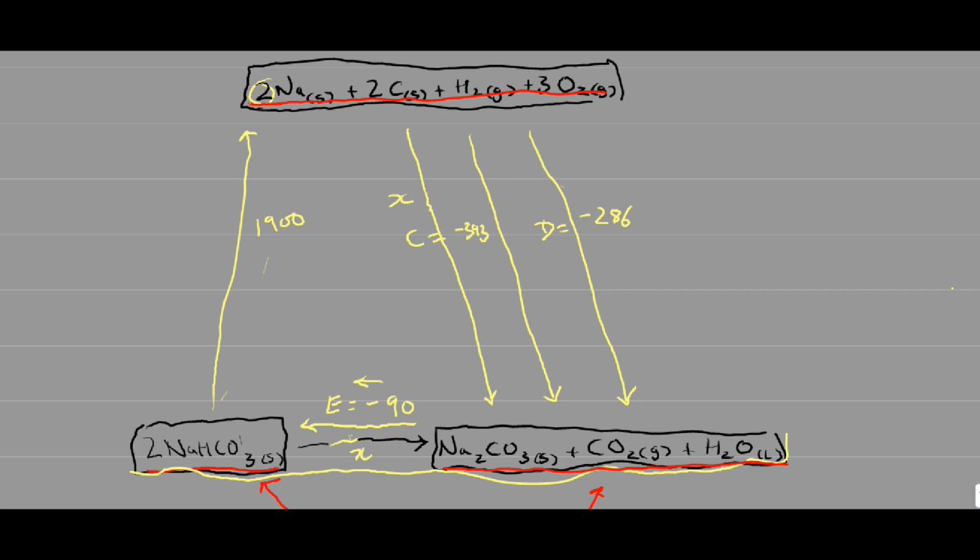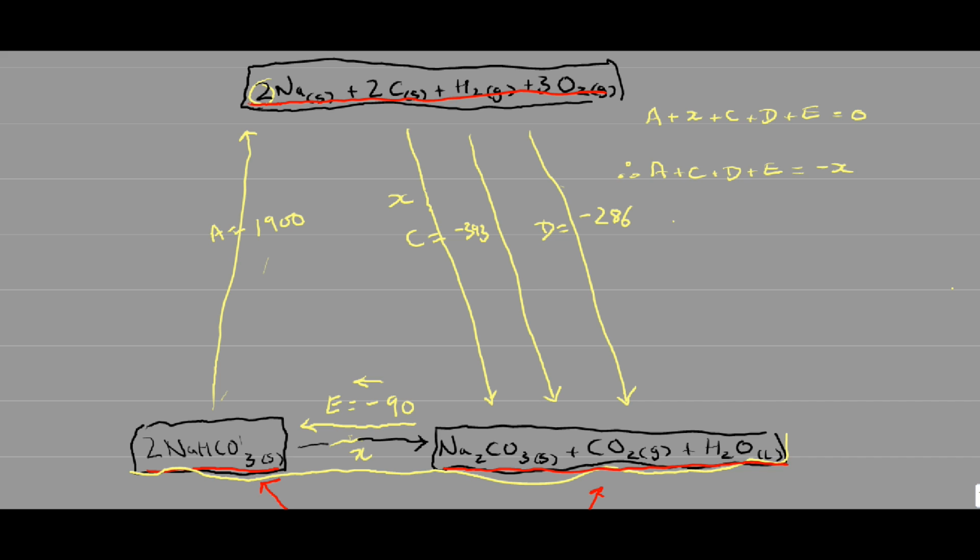So using the same logic as before, A plus x plus C plus D plus E equals 0. Therefore, A plus C plus D plus E equals minus x.